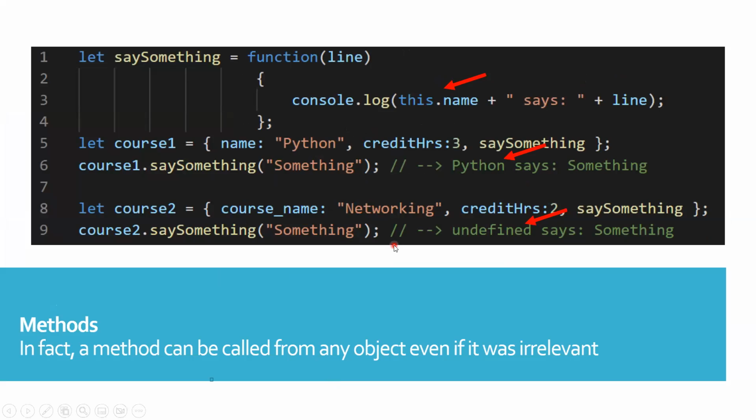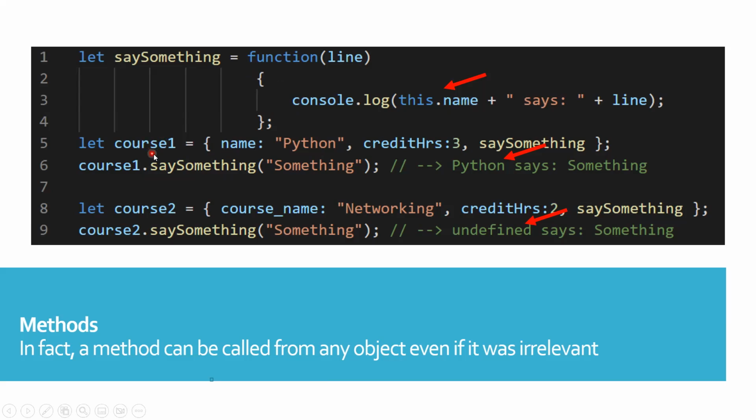Now the function doesn't care which object you send or which object it is called through. It just tries to find a property. When we say this dot name, it tries to find a property that has the name referred to here. Accidentally it's the same, it's a name. So we're trying to find something called name inside the object. The function doesn't check whether the object has this property or not.